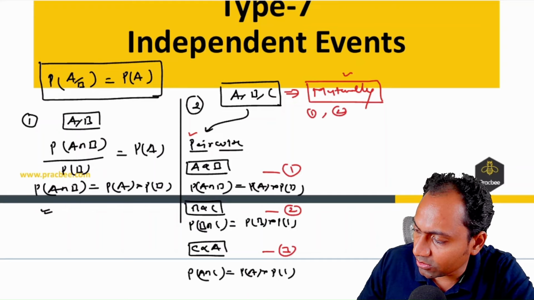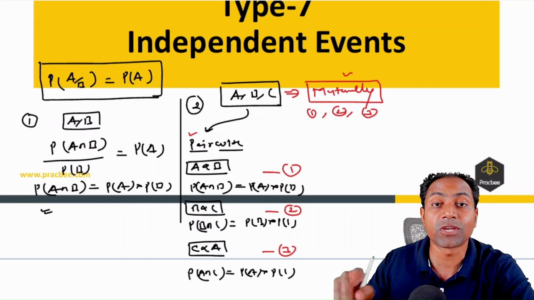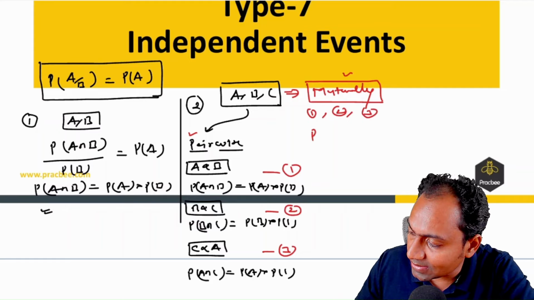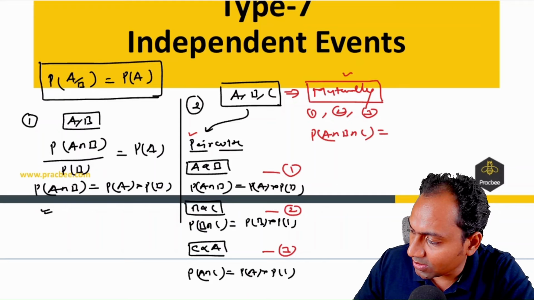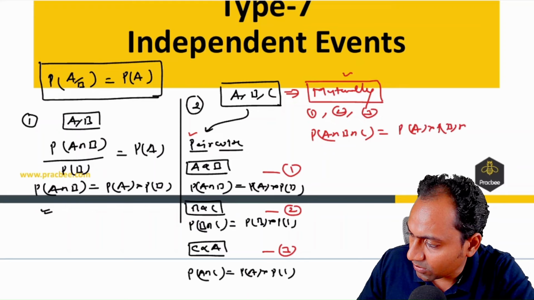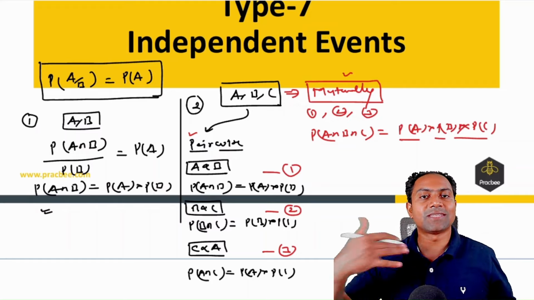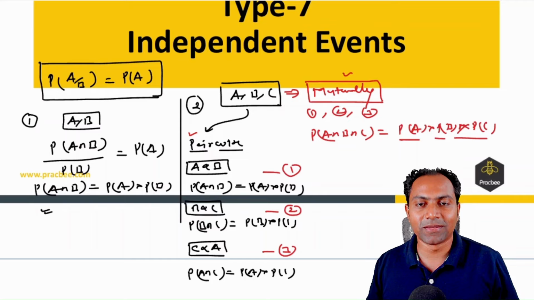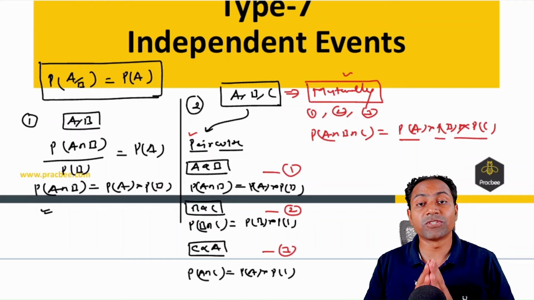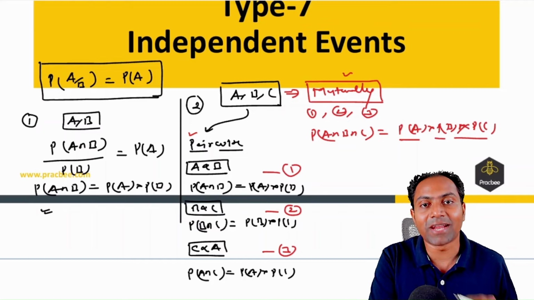So we need to check these, but along with that we'll have to check one more condition for all the three events A, B, C. So for all the three, this one condition we will again have to check in case of mutual independency. Now this can be extended as the number of events increases in a similar manner, but you have got an idea. We need to differentiate between pairwise independency and mutual independency.